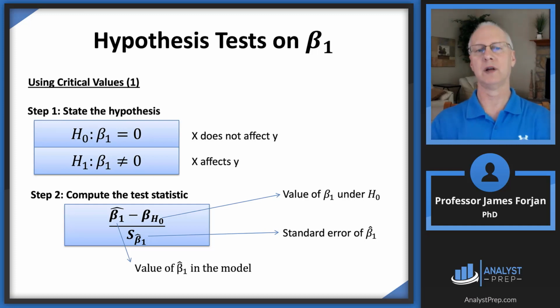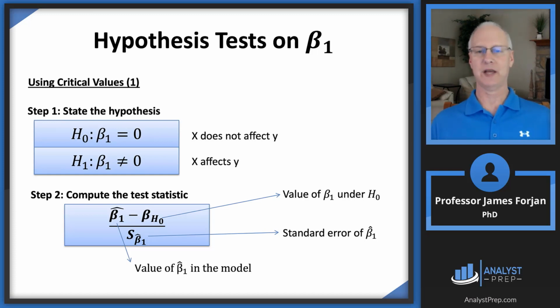Notice to the right of the top blue box, X does not affect Y. The alternative hypothesis is the rationale for the economics and the fundamentals of the creation of our original model, which says that beta 1 is not equal to 0, might be greater than, might be less than. Remember, that slope coefficient could be positive or negative. And what we conclude is that X then will affect Y.